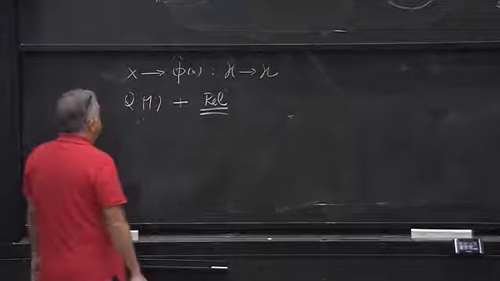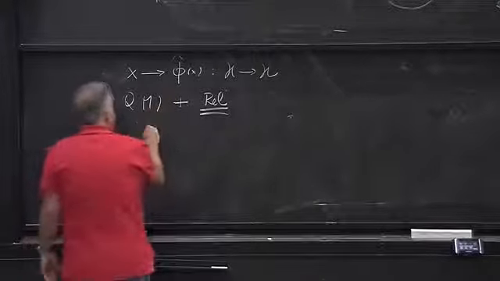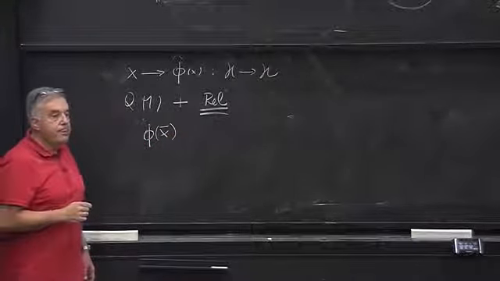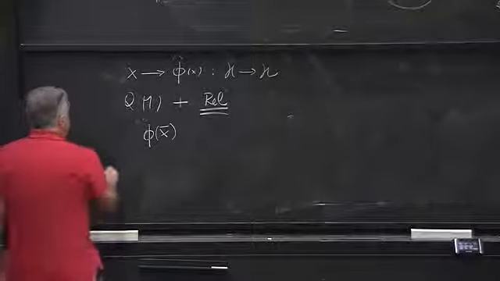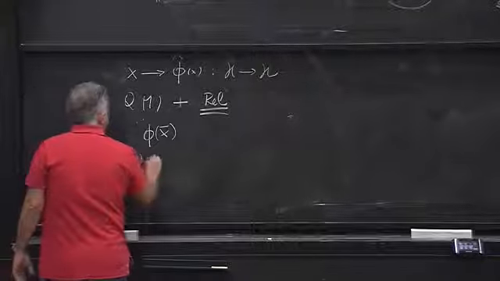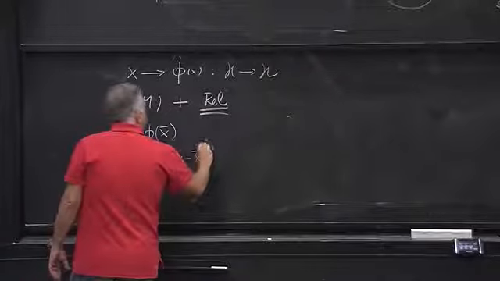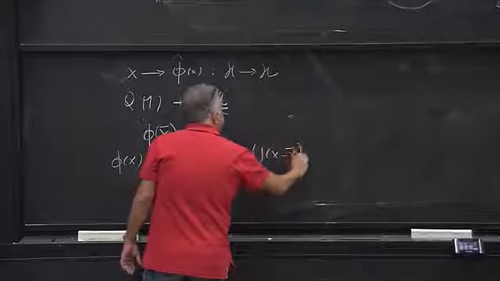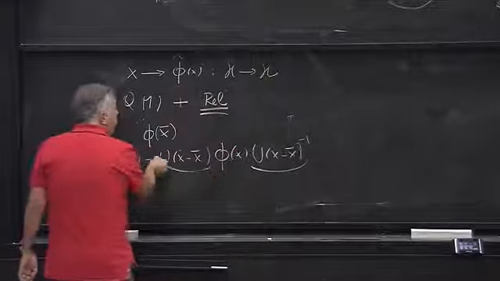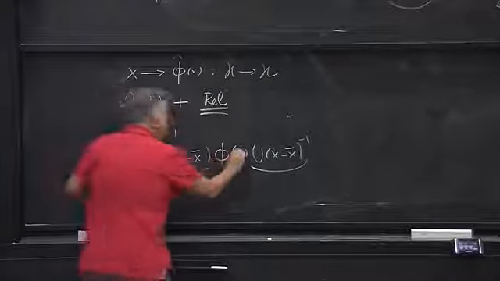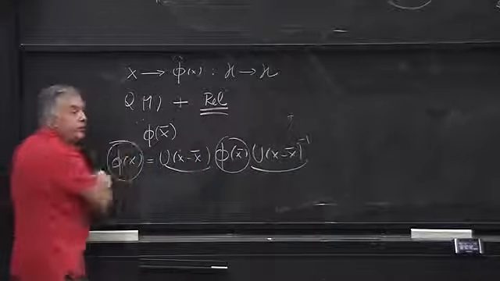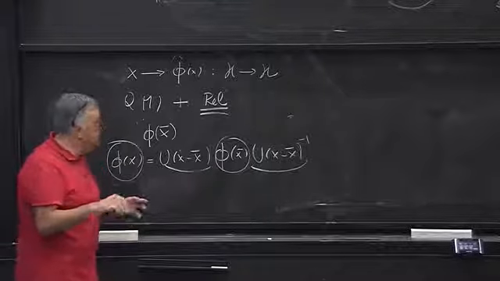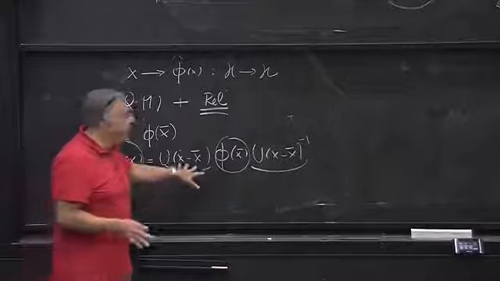Suppose that phi of x is an operator for a certain x. At another x, you will have u of x minus x bar, phi of x, u of x minus x bar minus 1. These are strongly continuous unitary operators. So if this is an operator, also this is an operator. So if phi of x is an operator for a certain x, it is an operator for any x because of the invariance of the theory.